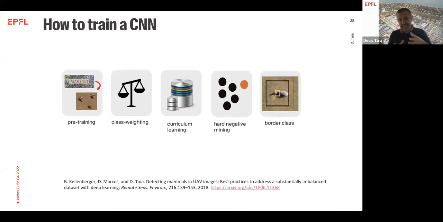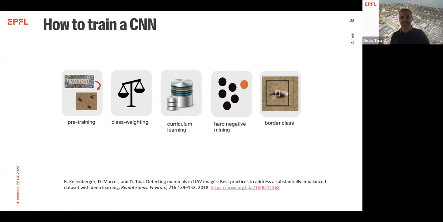So in this first paper, when we started to look into deep learning models to learn animal appearance, we basically went through a number of different strategies to make a model able to learn in this situation of very scarce labels and a large number of images.